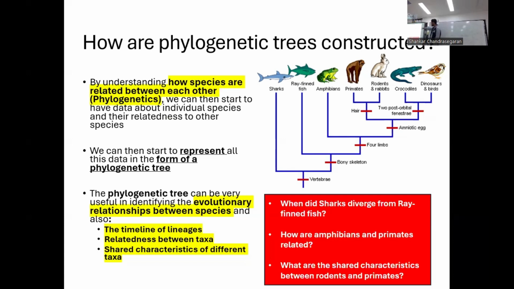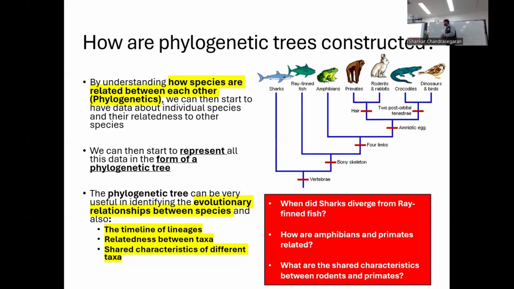So by understanding how species are related with each other, by doing all that research in the previous lesson, we can then have a lot of data to be able to construct something known as a phylogenetic tree to represent all the information that we found.